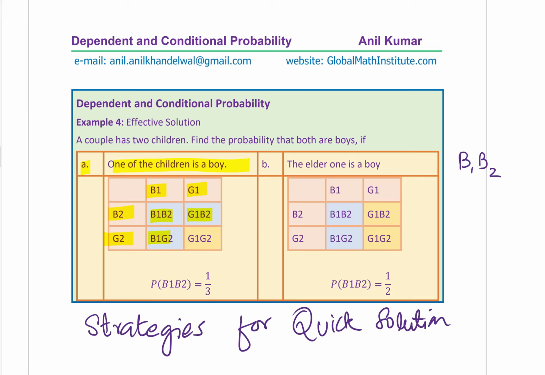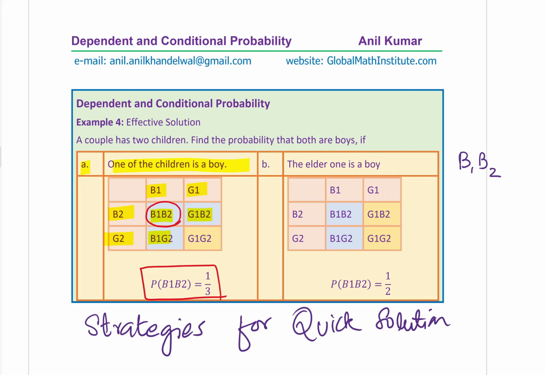Now, when we say one of the children is a boy, then out of these, you have only three possibilities, right? Out of which we are looking for the one where both are boys. Do you see that? So out of three, only one is both boys, and therefore, if one of the children is a boy, we don't know which one, then the probability of two boys is 1/3.